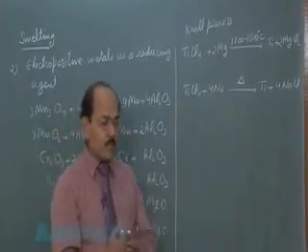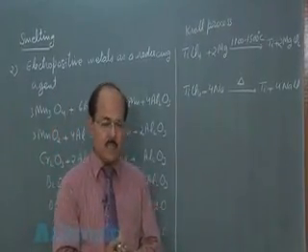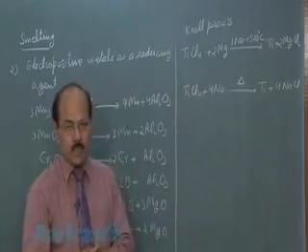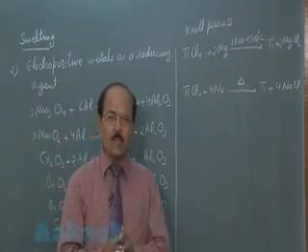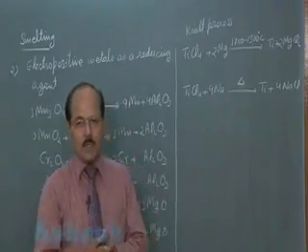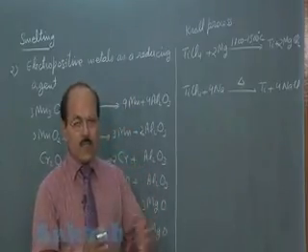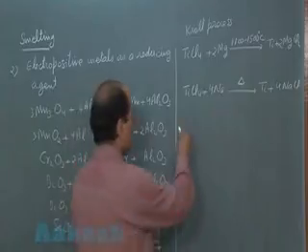In addition to electropositive metals, in some cases hydrogen is also used as a reducing agent. But there are limitations because hydrogen is highly inflammable, so hydrogen is used in limited cases. Hydrogen as a reducing agent.